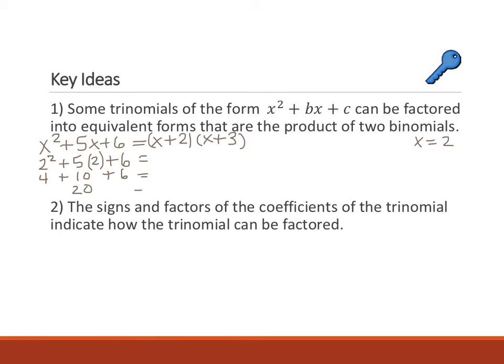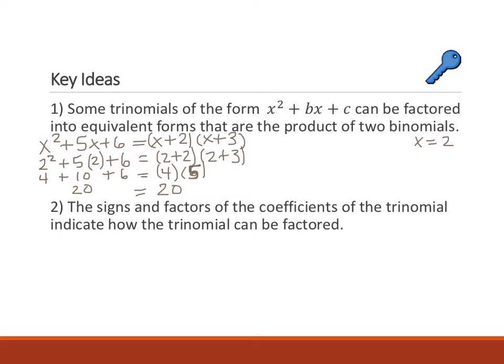Now notice that if I also substitute 2 into the binomials, then the first binomial would have a value of 4. The second binomial would have a value of 5. And if I multiply those two binomials, 4 times 5, I also get 20. Notice that the value of each of these expressions when x equals 2 is 20. These two forms are equivalent forms.